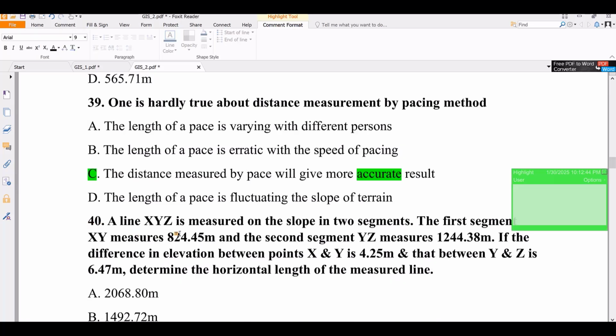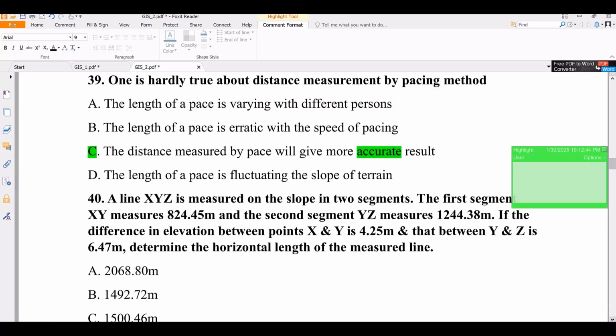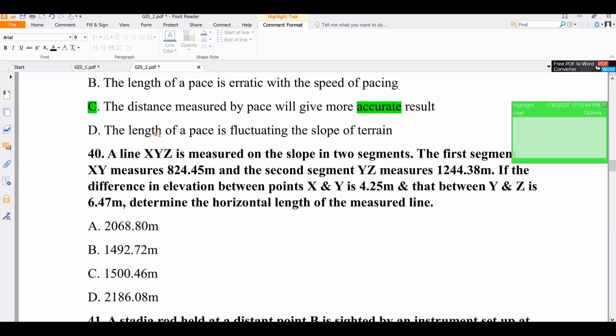Question number 40. A line XY is measured on the slope in two segments. The first segment XY measures this amount and the second segment YZ measures this amount. If the difference in elevation between points X and Y is this amount and that between Y and Z is this amount, determine the horizontal length of the measured line. So you can calculate based on distance and angle principles.